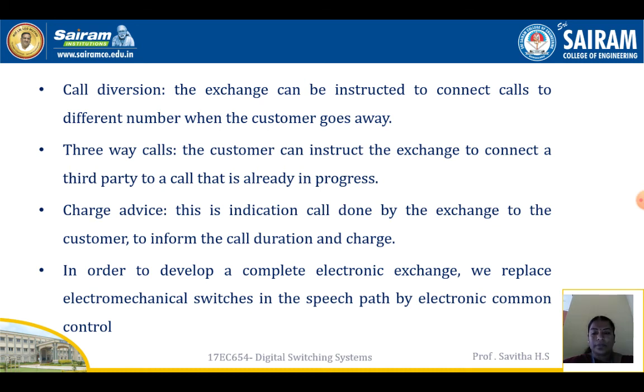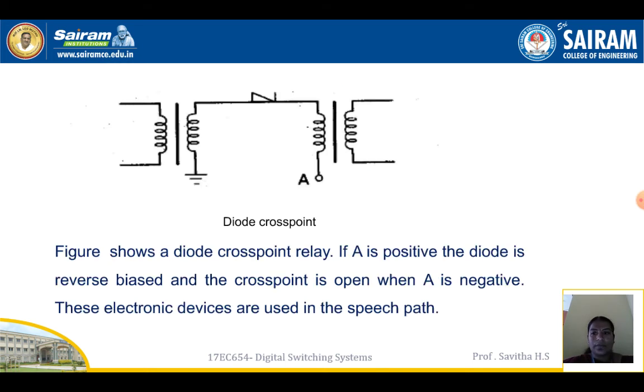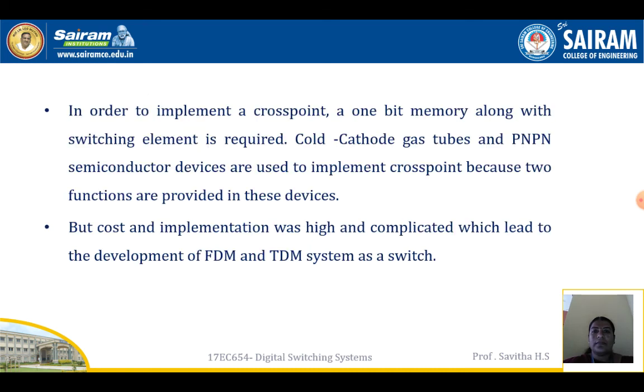In order to develop a complete electronic exchange, we replace the electromechanical switches in the speech path by electronic common control. The figure shows a diode crosspoint relay. If A is positive, the diode is reverse biased and the crosspoint is open. When A is negative, the electronic device is used in the speech path.